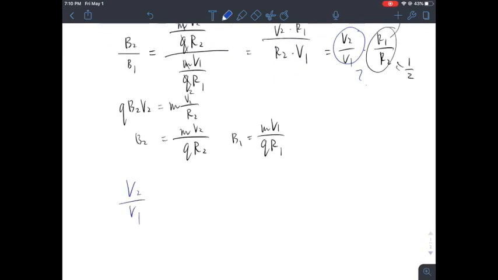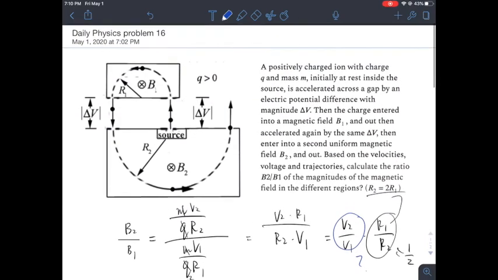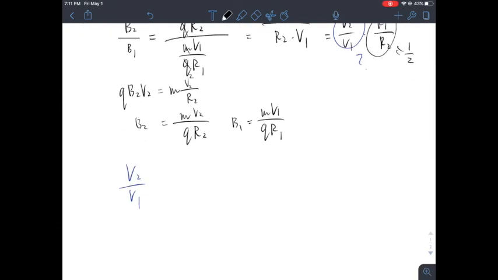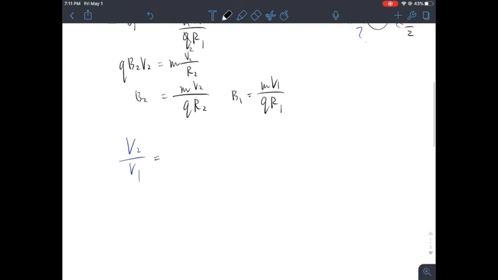So all we need to do is solve for V2 divided by V1 based on the acceleration given by the voltage difference. And we know that the voltage differences are the same. That's a very crucial point. So we can use some energy equivalency.